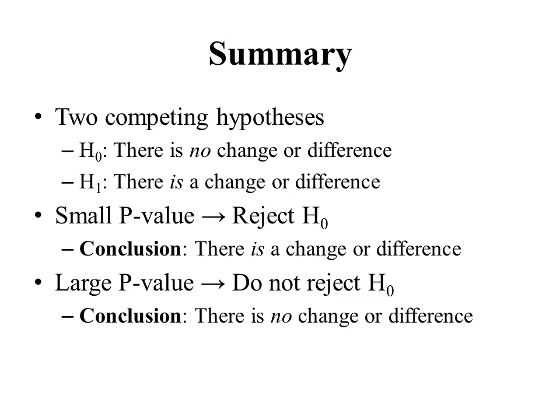So whenever we read a journal article and we see a small p-value, we can interpret that in general as meaning that there is a difference between the 2 or more things that they are comparing. If we see a large p-value, that means that there is no change or difference in the two or more things that they are comparing.